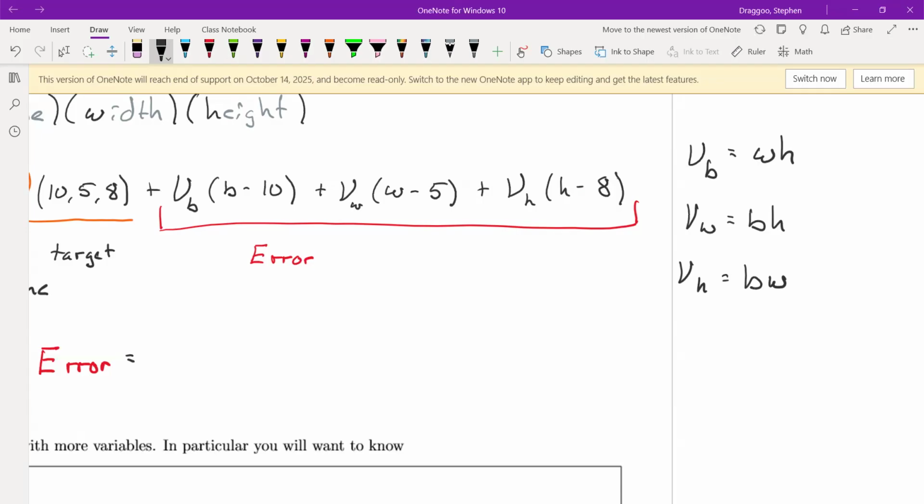Basically, every time I take a derivative or a partial derivative with respect to one of these variables, that term disappears from the function because it has a derivative of just one. So if I'm going with the partial derivative with respect to the base, and I plug in 10, 5, 8, I would get just 5 times 8, which is 40, times the error in the base measurement itself.